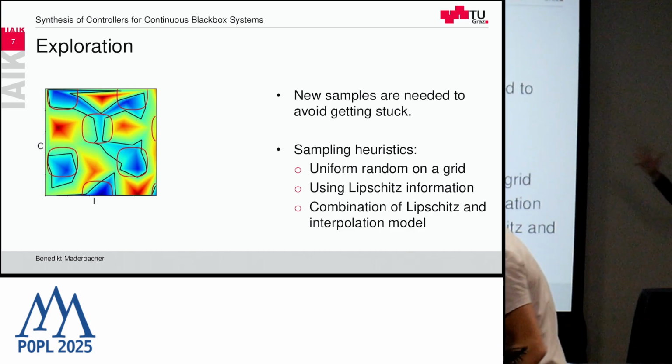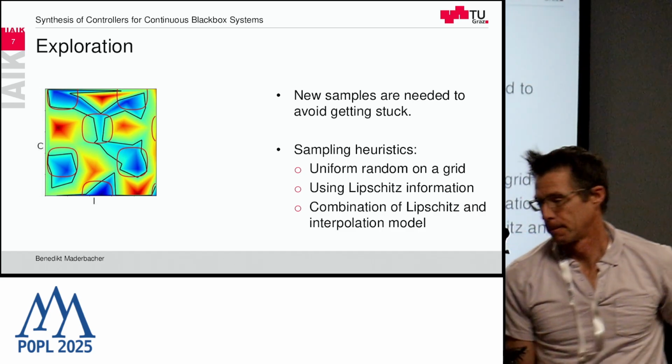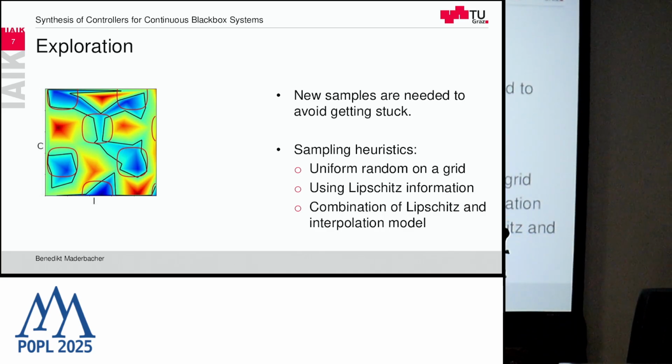So now that we have our very first model, where we just started with some random samples, and we have to get good candidates, we have to explore a little bit and add more data points to it. So we use 3 different heuristics to do this.